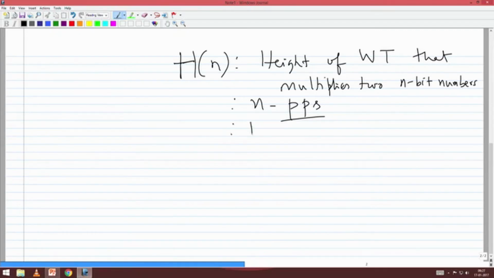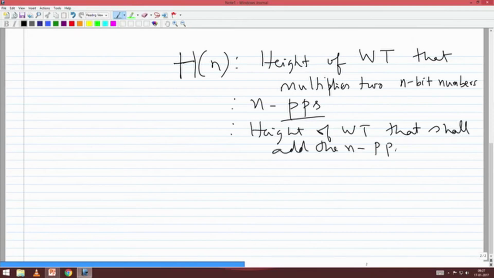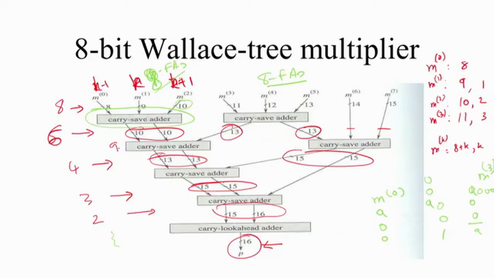So let Hn also denote the height of the Wallace tree that shall add the n partial products or the n numbers. Right? Now what happens after the first step? It becomes 2n by 3 and you are going to recursively do the same thing for that, right? That is what we have seen. So we took the first step and we did whatever we did for the first step, the same thing we are continuing for the second step. So it is a recursive construction.